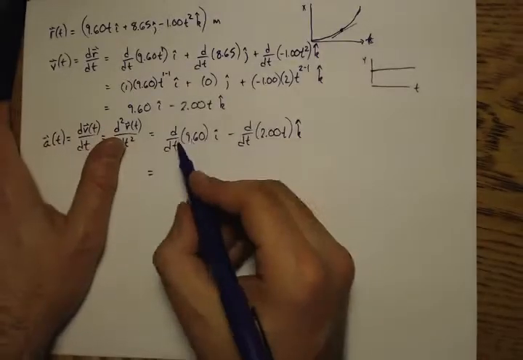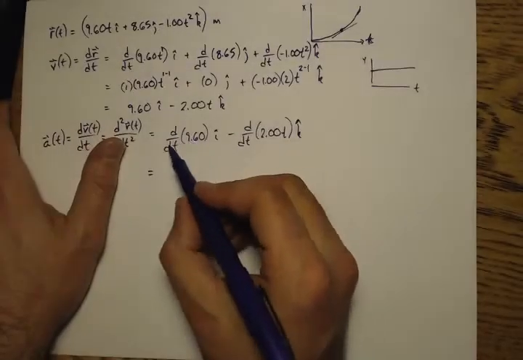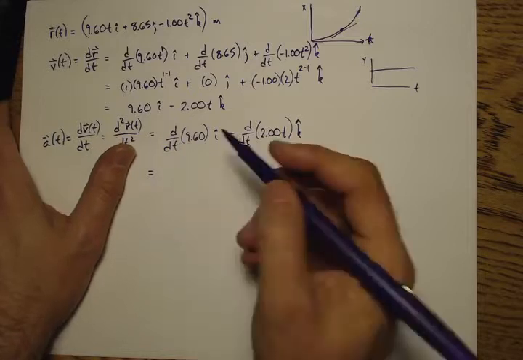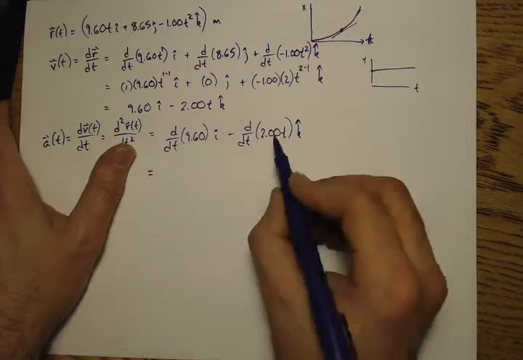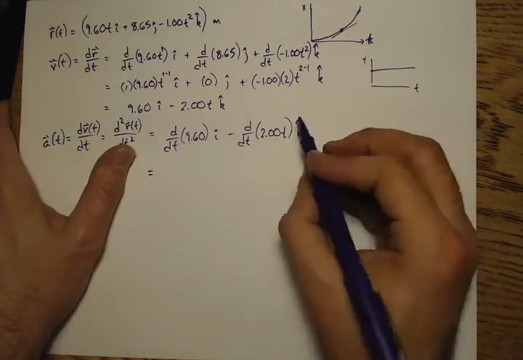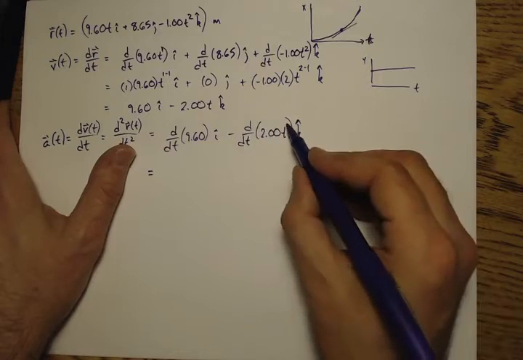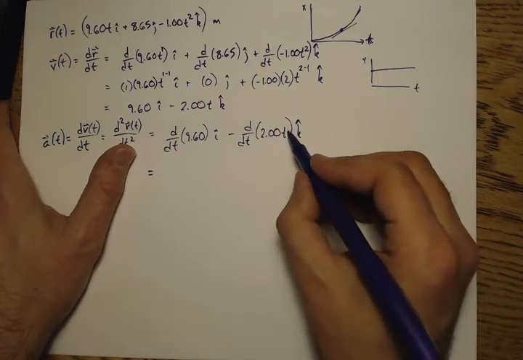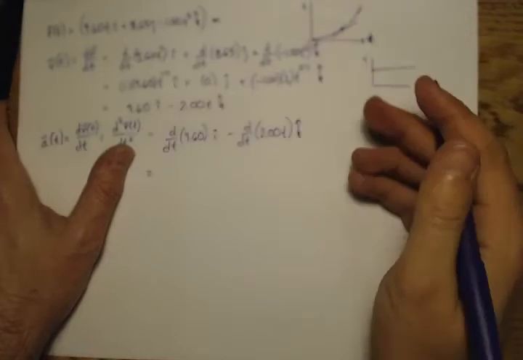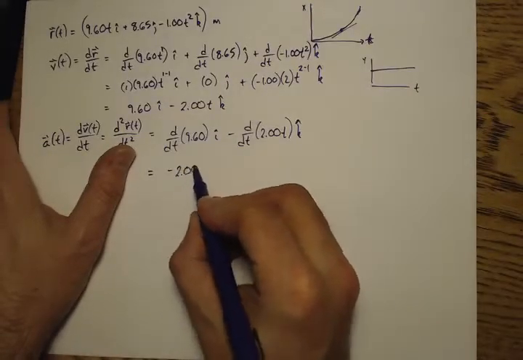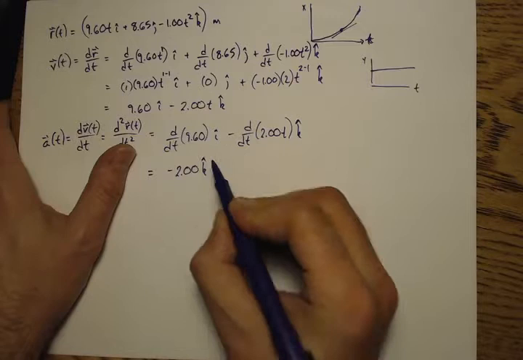It's not changing, so that's a constant again, and the slope of that is 0. So the rate of change of a constant is 0. That's 0. So that's easy. This one I'm going to knock down a 1, and then I'm going to have t to the 1 minus 1, which is t to the 0, which is just 1. So here I'm going to get minus 2.00 k hat.